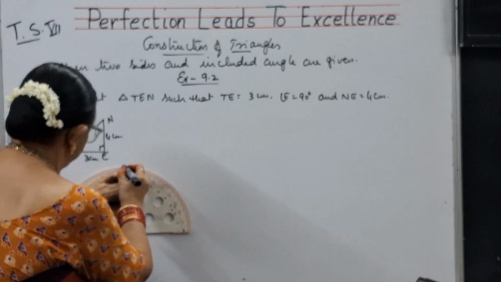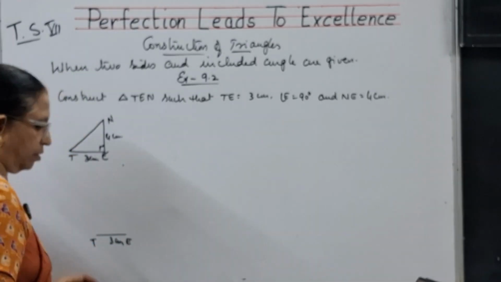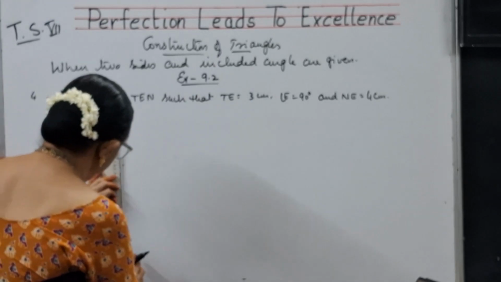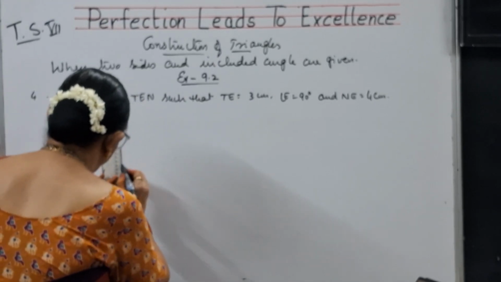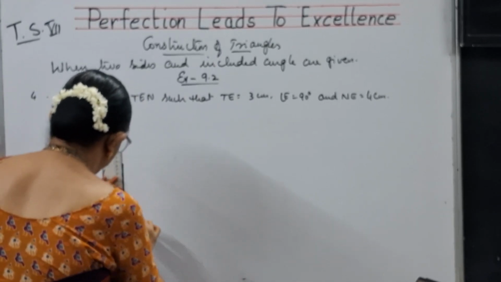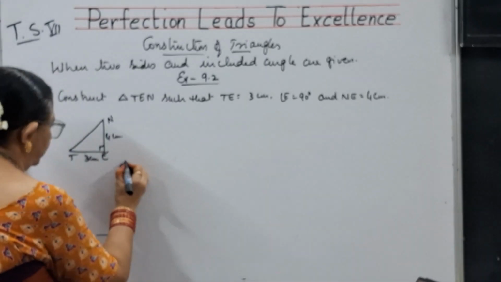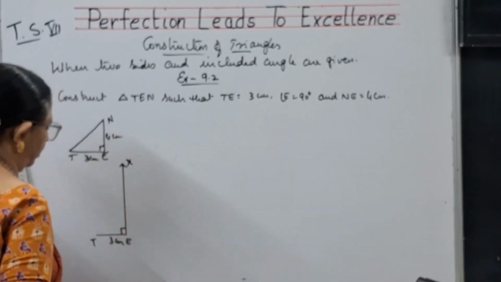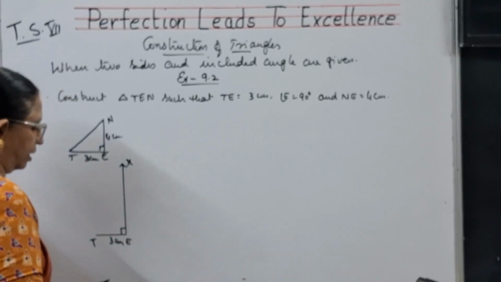So this is 90 degrees. So at E, I should draw 90 degrees. This is E X-ray making 90 degrees. This symbol indicates it is 90 degrees.